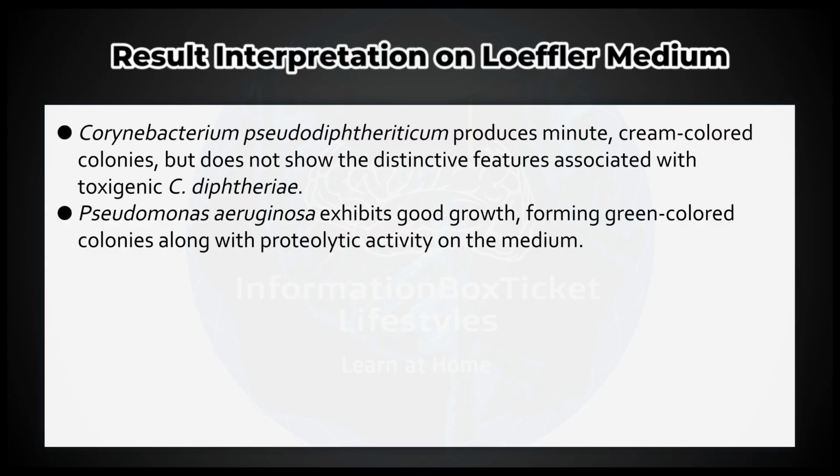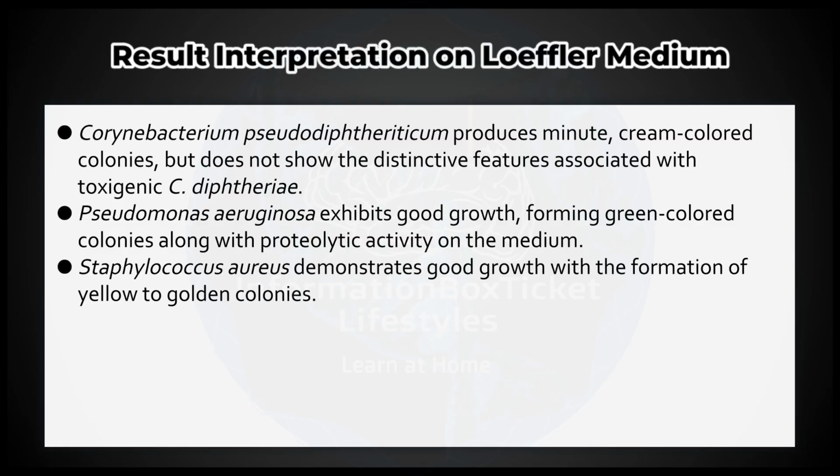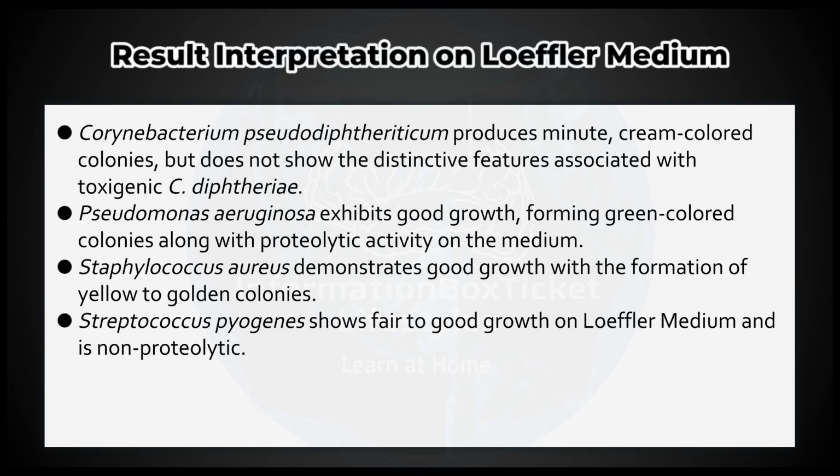Pseudomonas aeruginosa exhibits good growth, forming green-colored colonies along with proteolytic activity on the medium. Staphylococcus aureus demonstrates good growth with the formation of yellow to golden colonies. Streptococcus pyogenes shows fair to good growth on Loeffler medium and is non-proteolytic.